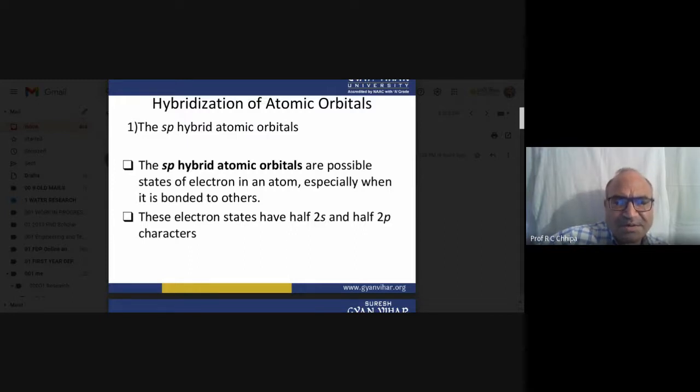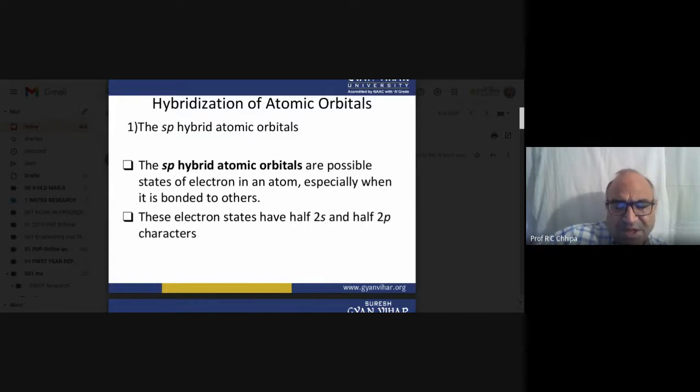In this particular context, the carbon has a ground state and then an excited state. Because carbon is tetravalent, it therefore has the excited state: 2s1, 2px1, 2py1, and 2pz1.